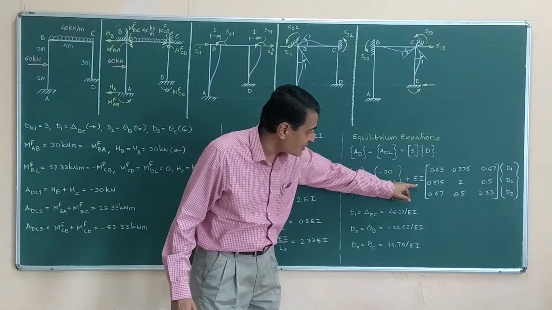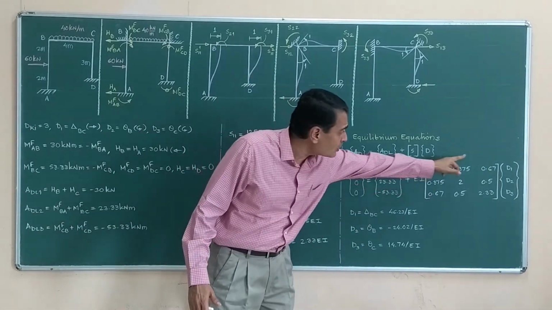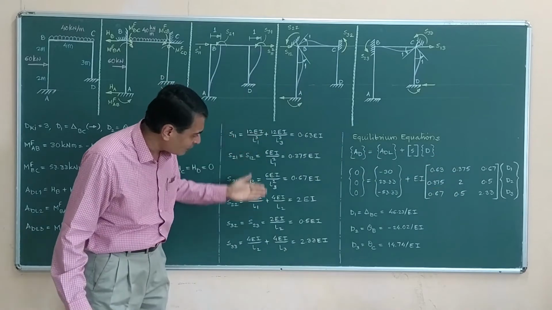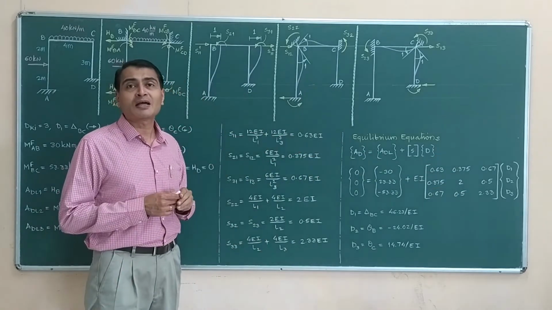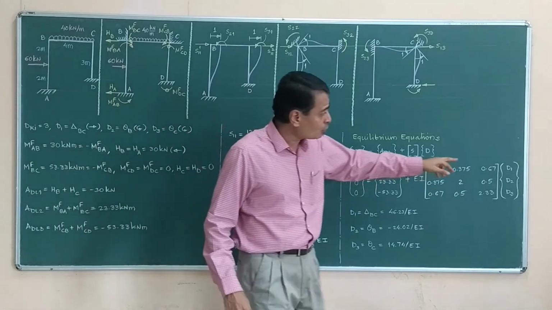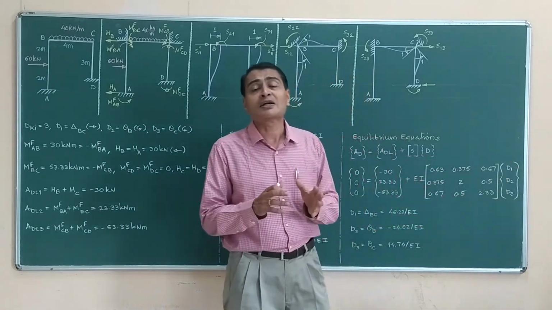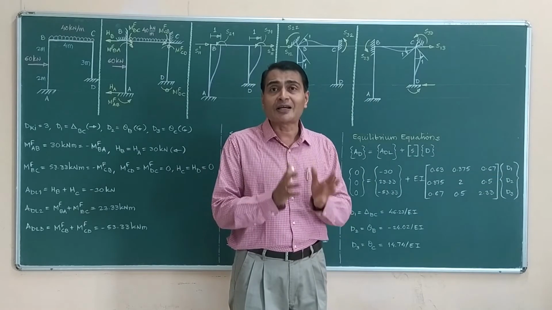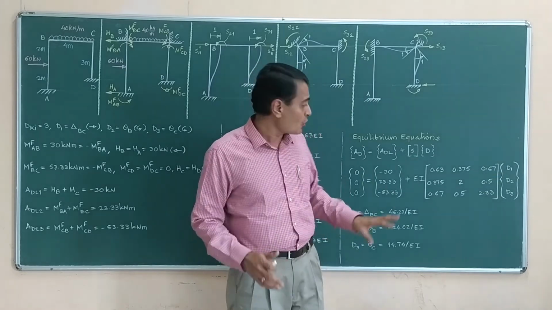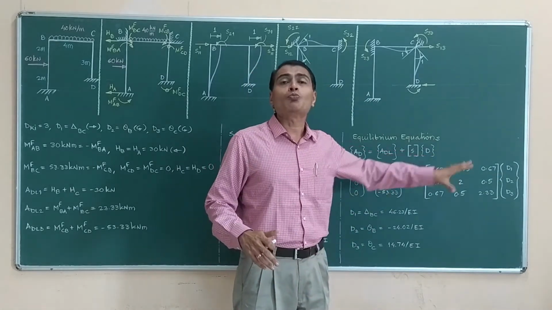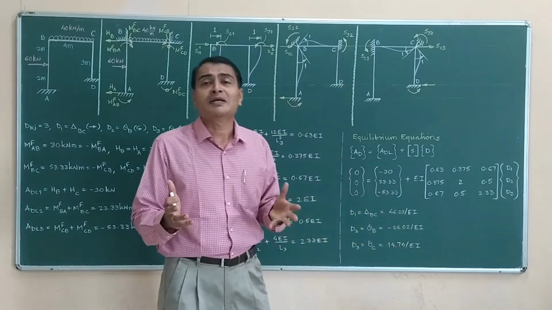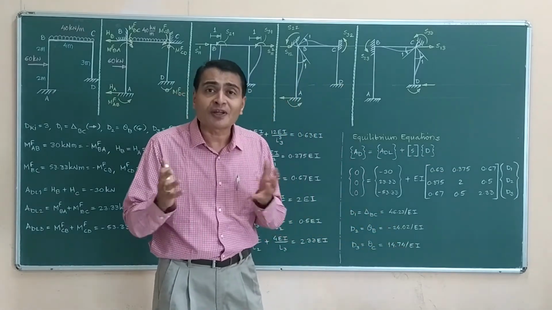Stiffness coefficients, EI I am taking outside. All the stiffness factors we have calculated here, so I am choosing from there. And of course the unknown joint displacements D1, D2, D3 are delta, theta B, theta C. So I have 3 equations to be solved simultaneously, 3 algebraic equations in 3 unknowns.